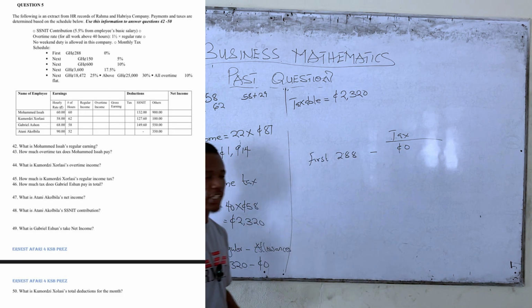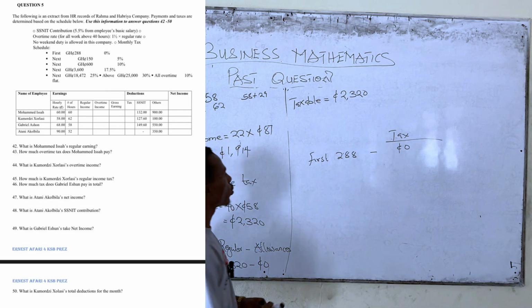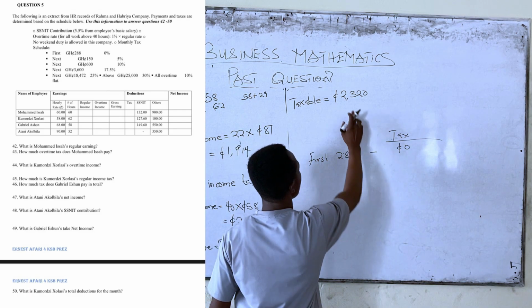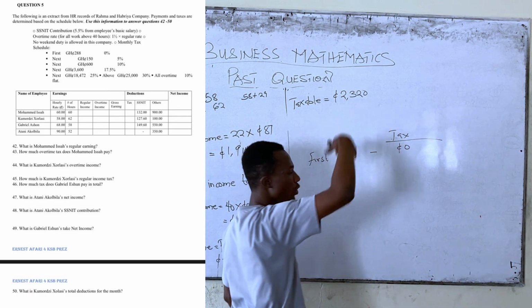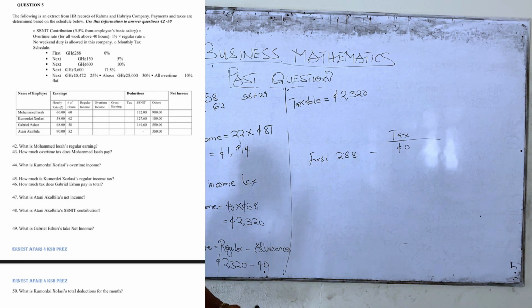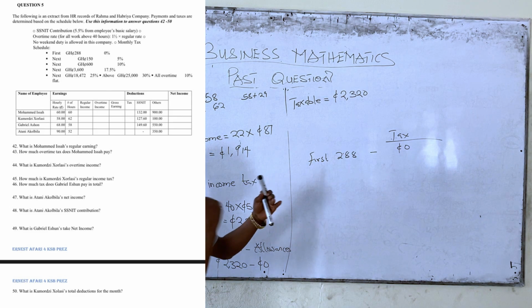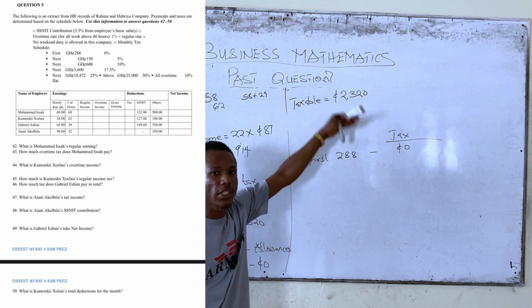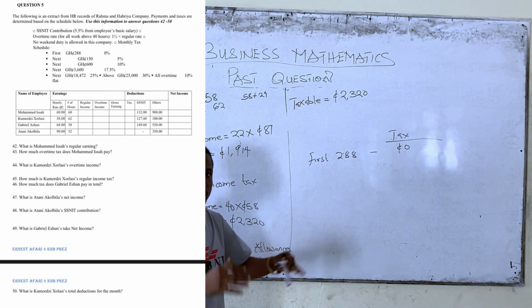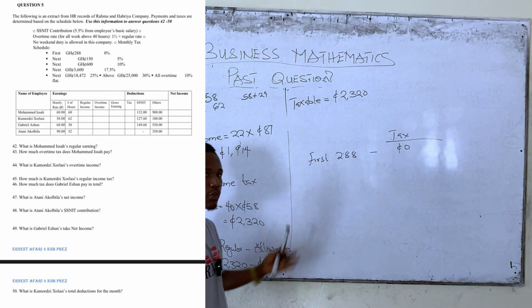We are not going to take anything from it. This 288, we have to subtract from the taxable income to know the remaining amount. Once we tackle each level, we have to subtract it from the taxable income so it's finished, just like when we were treating LIFO and FIFO.